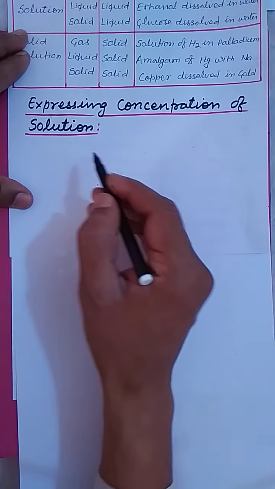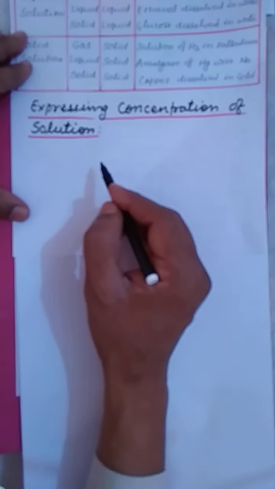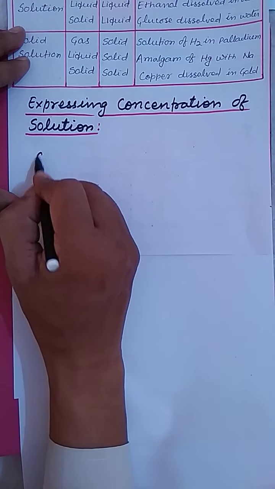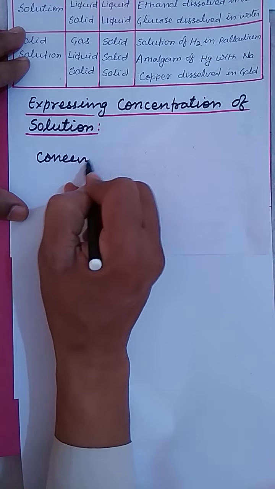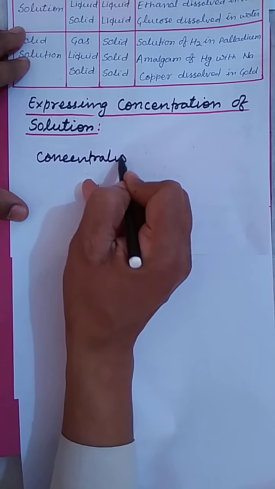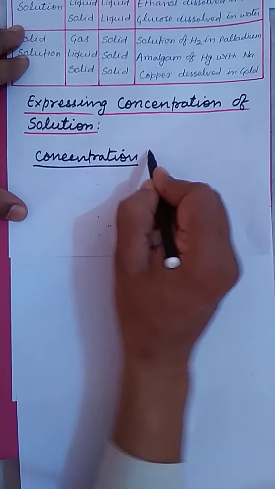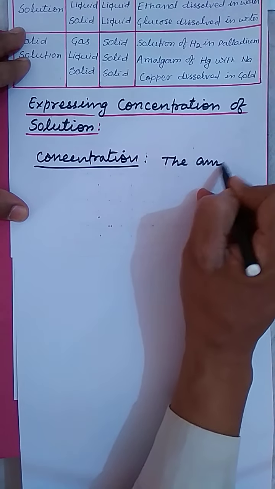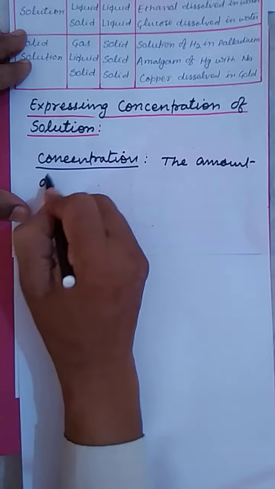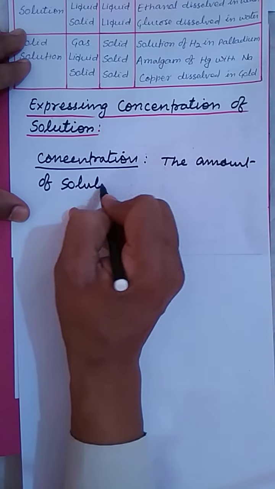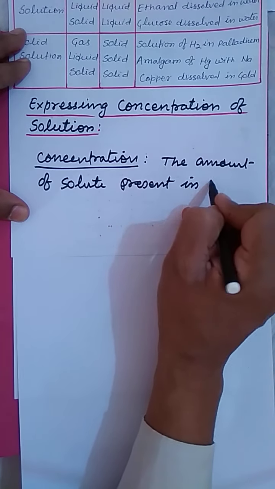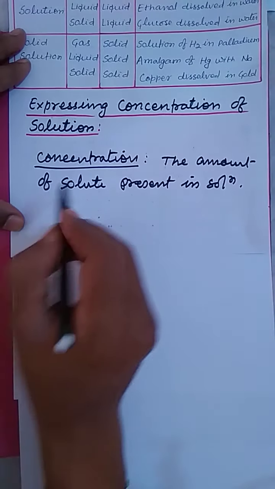Now next we see expressing concentration of solution. So friends, first of all you should know the meaning of concentration. Concentration is the amount of solute present in solution, right?